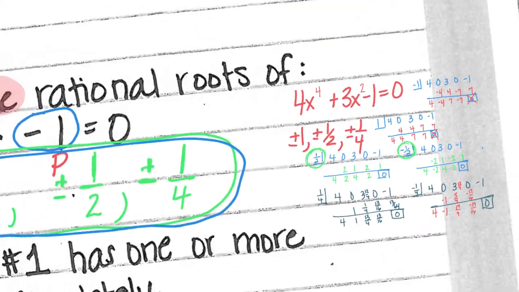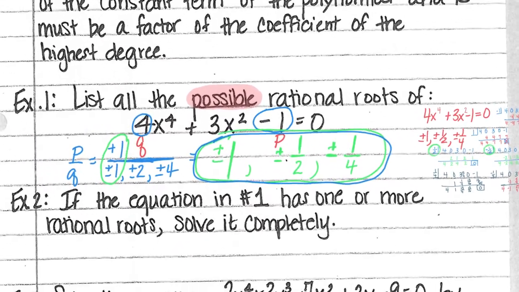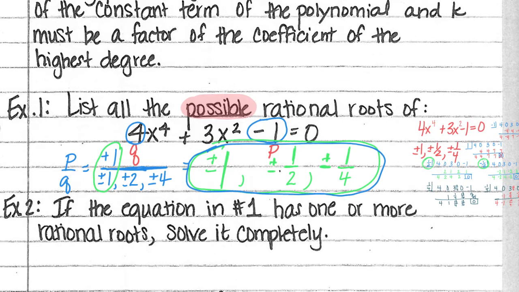So what this is saying is that when I put this equation, I'm going to highlight it for you. When I put this equation into my calculator, 4x to the 4th plus 3x squared minus 1, I have two roots. My first root was 1/2. My second root was negative 1/2.